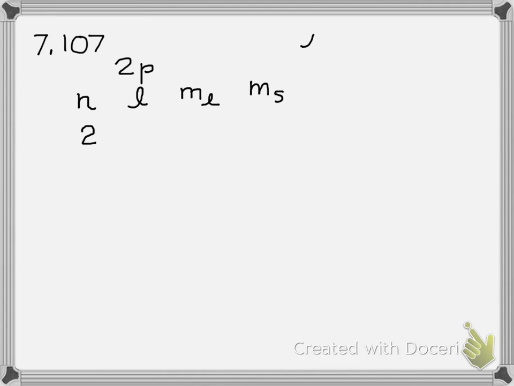Now let's remember l can have a value starting at 0 and going all the way up to n minus 1. So if n is 2, that is 2 minus 1, so that would be 1. So for n equals 2, l could equal 0 or 1.